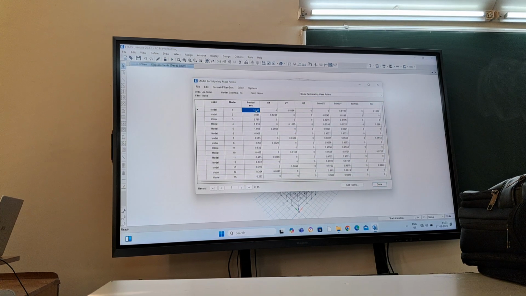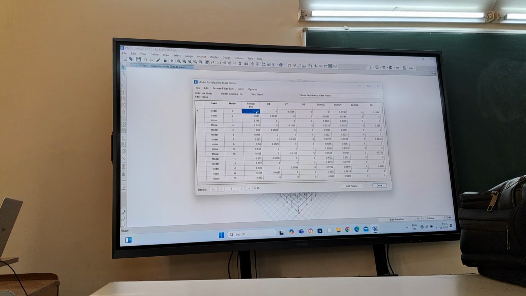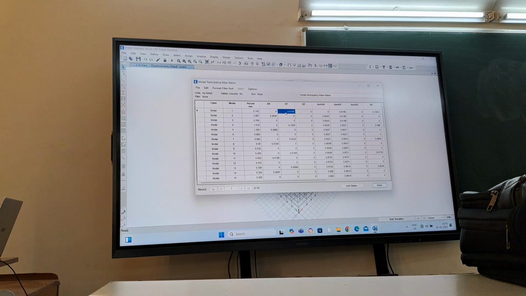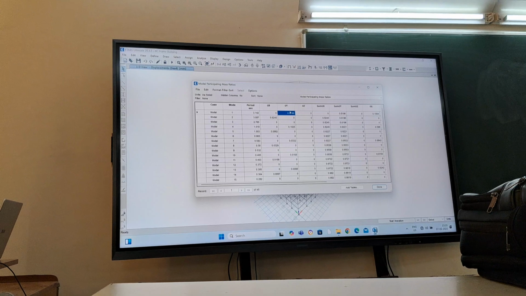See, so this is the first mode period and it is acting in y direction. And the first mode participation is 81.96%. Our requirement is at least 65 for three modes. So this is satisfied in the first mode itself. So it is good.